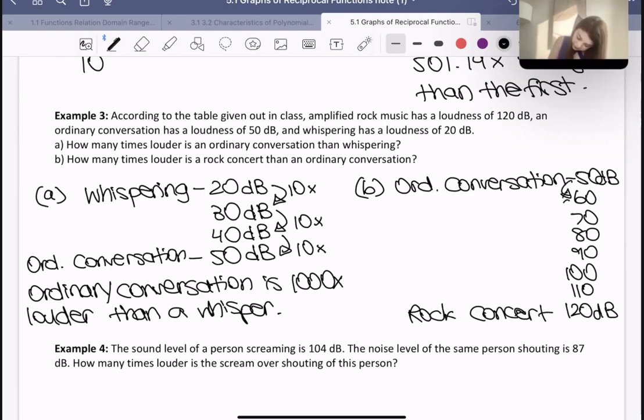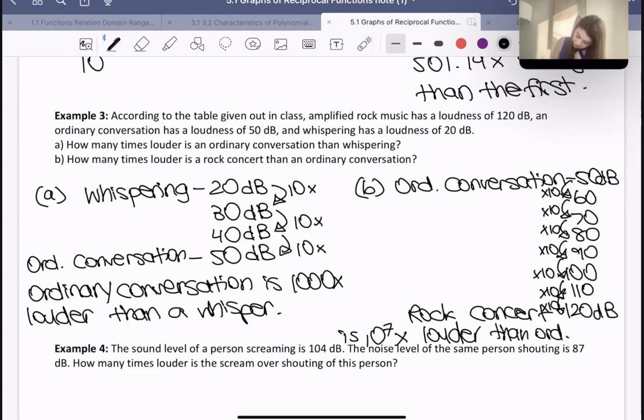So we have times 10, times 10, times 10, times 10, times 10, times 10, and times 10. So 1, 2, 3, 4, 5, 6, 7. So 10 to the power of 7 times louder. So the rock concert is 10 to the power of 7 times louder than the ordinary conversation. Good.